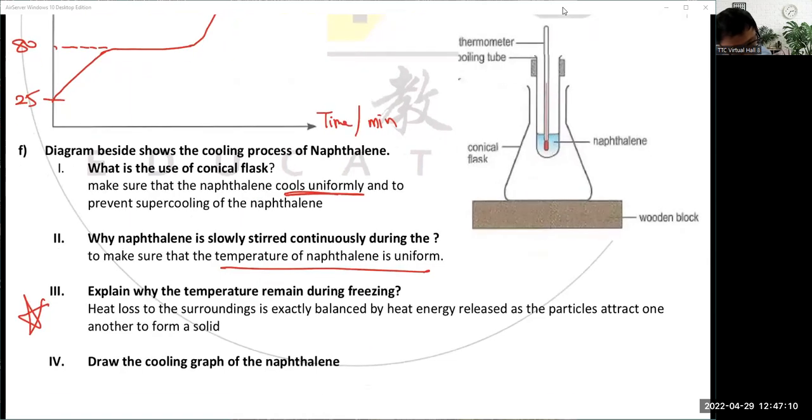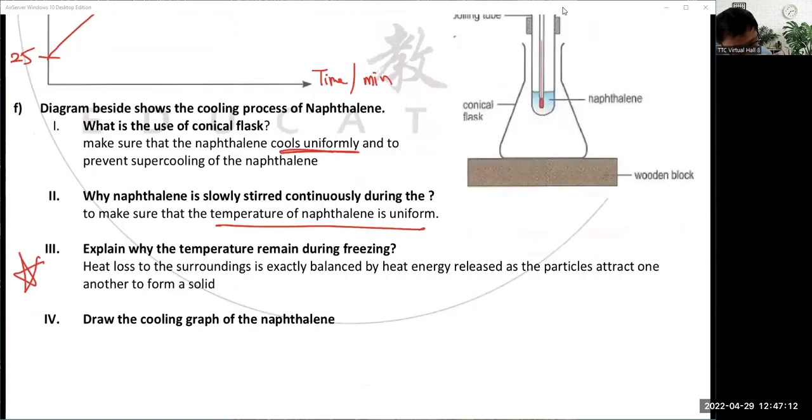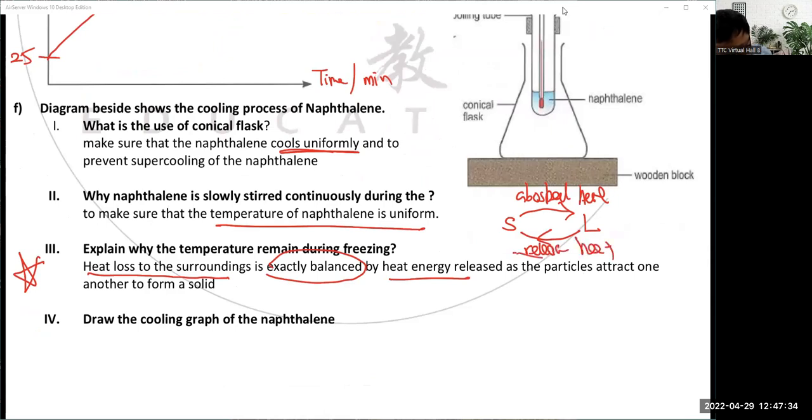So you see, the heat loss to surrounding is balanced by the heat release, because just now from solid to liquid, it absorbs heat to overcome them. Then the opposite, you release heat. So when liquid changes into solid, it releases heat. This heat will be the same as the heat loss. That's why the temperature remains the same.